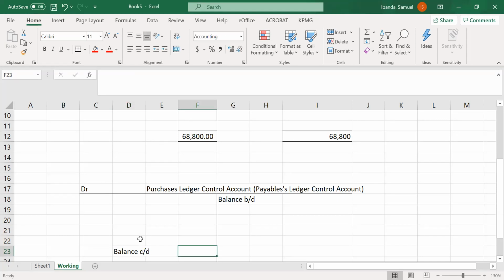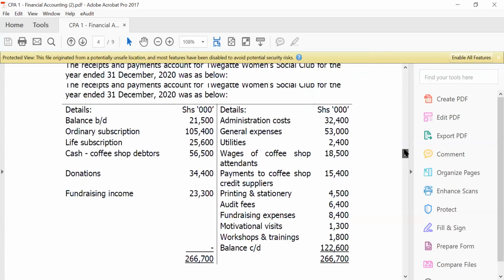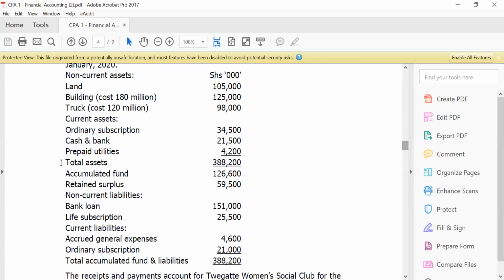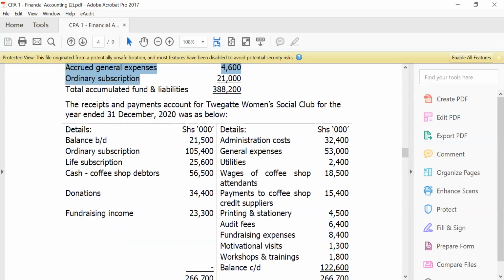Okay, that is what I basically do have. So balance brought down, what is my balance brought down? I go to my question and look for my balances brought down. Balance brought down is supposed to be in the beginning balances. I'll look through and see, do I have anything to do with trade payables in my current liabilities? No. So my balance brought down will actually be zero.